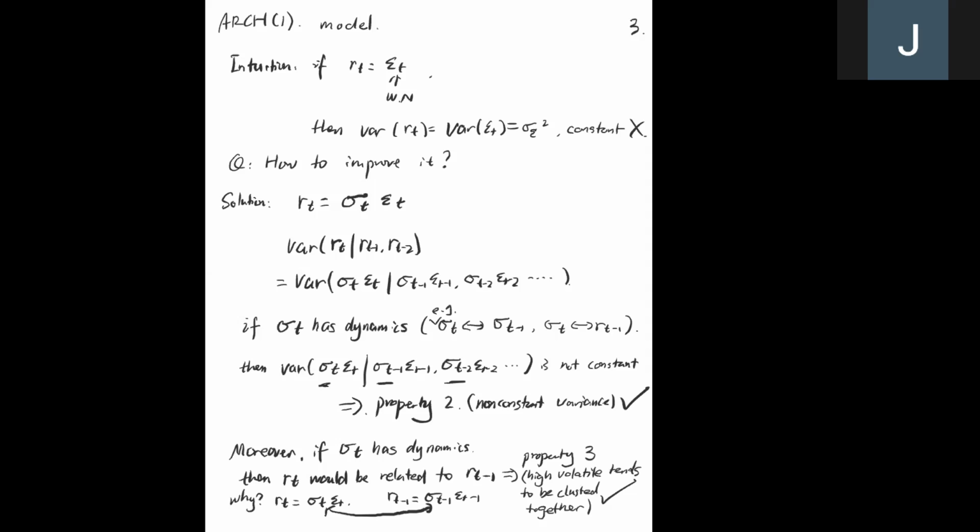So you can easily see that if we introduce the sigma t in front of the epsilon t, and if we allow our sigma t to have some dynamics, then it seems that we can capture the properties of the asset return figures.